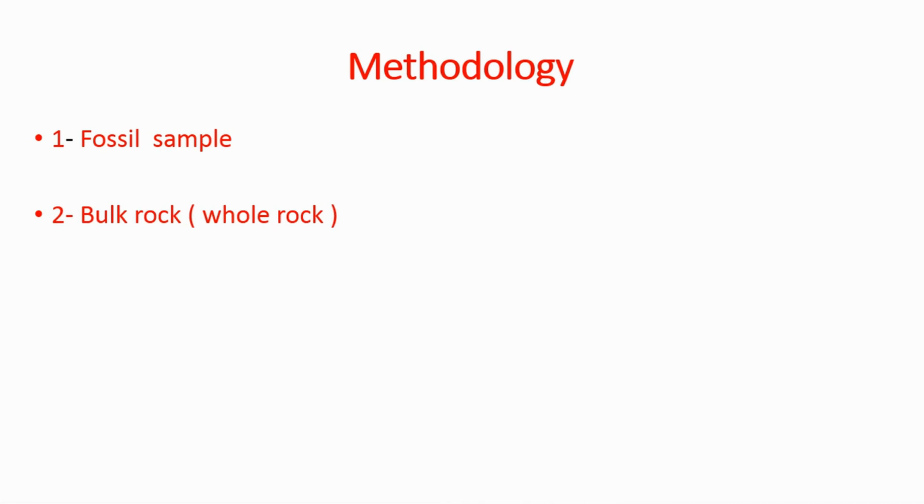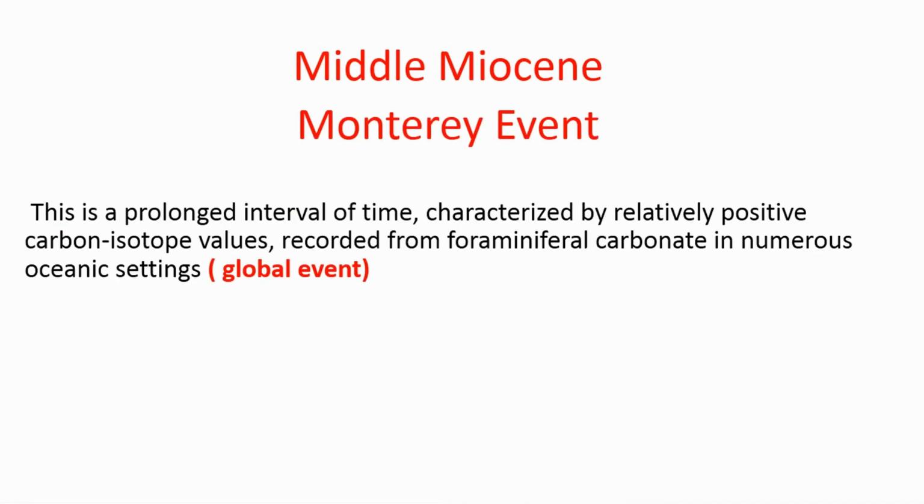There are two different ways. Middle Miocene Monterey event. This is a long interval of time characterized by relatively positive carbon isotope values recorded from foraminiferal carbonate in numerous oceanic settings, which is a global event as we defined before the presentation.